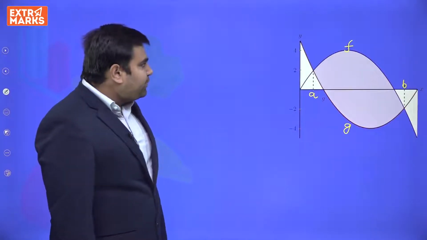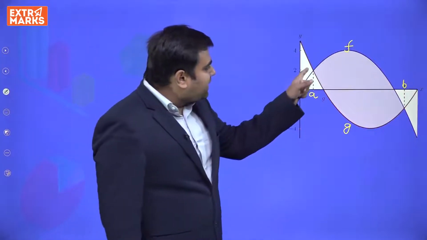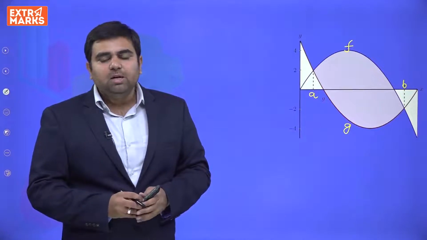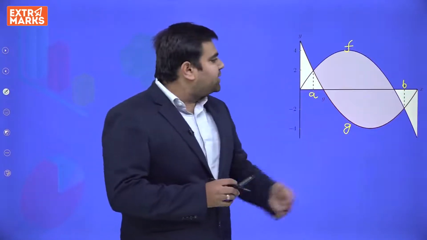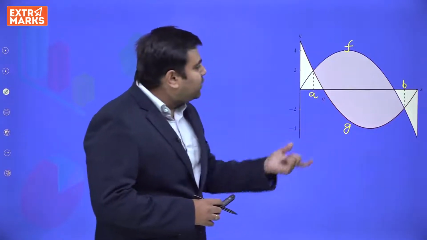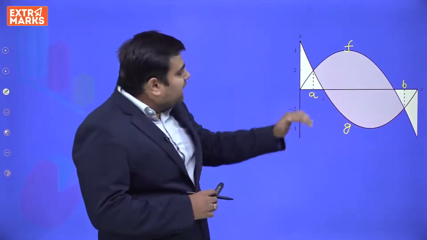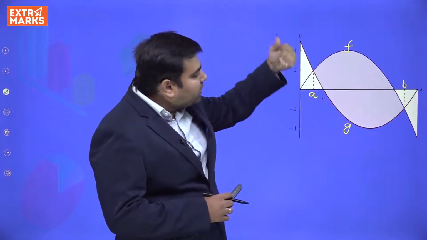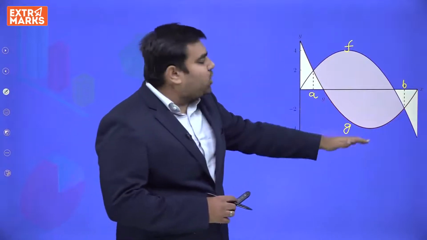Firstly, I need to understand the fact that at a and b both the curves are intersecting with each other. Between a and b, f is always upwards and g is always downwards.